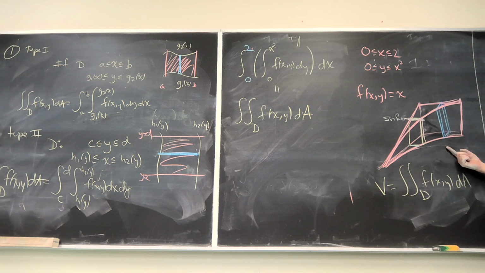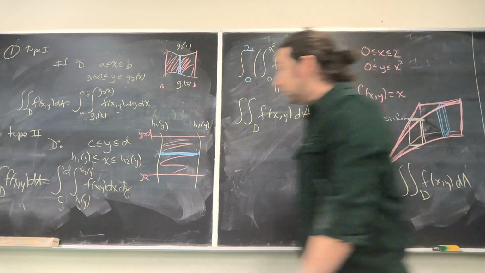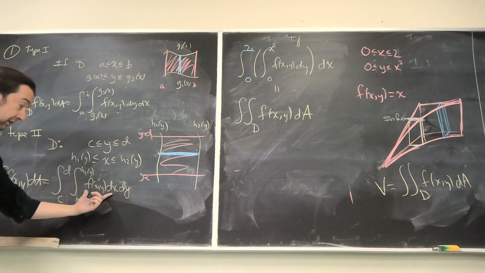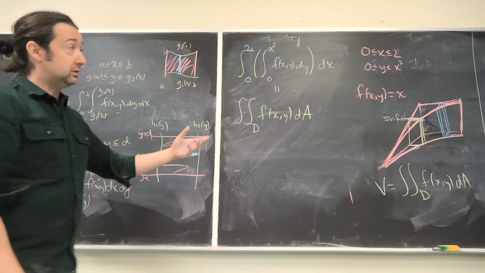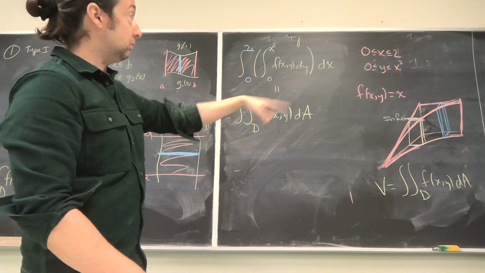Integrating in one variable or the other should give me the same volume. So the question is, how do I actually do it? It's not as simple as just taking the numbers and changing the order of the integrals, because we're not on a rectangle anymore. When can I change from an integral that looks like this to an integral that looks like that? And so the easiest way to get into that idea is to just show you an example. So we're going to work through this example.